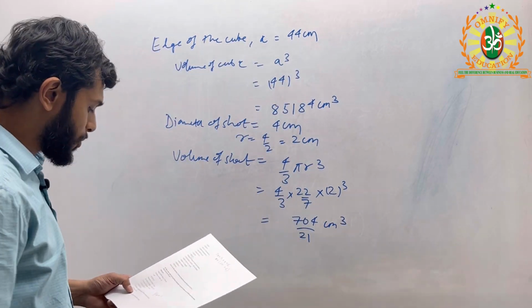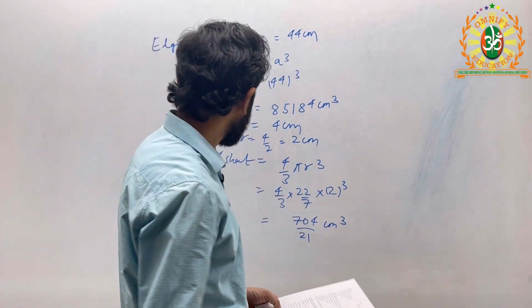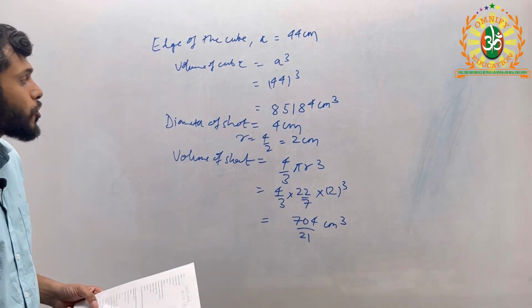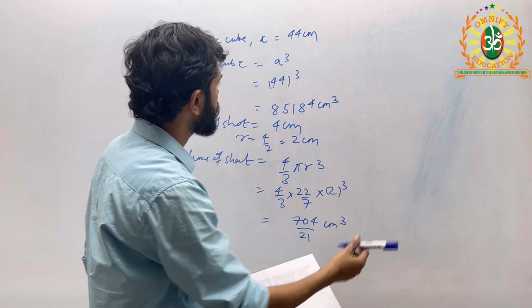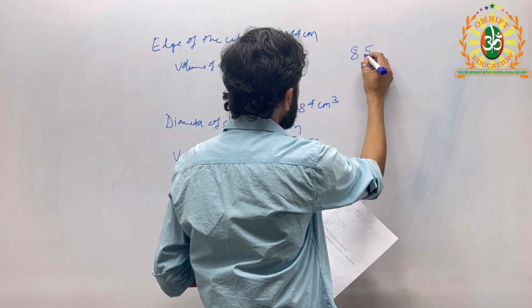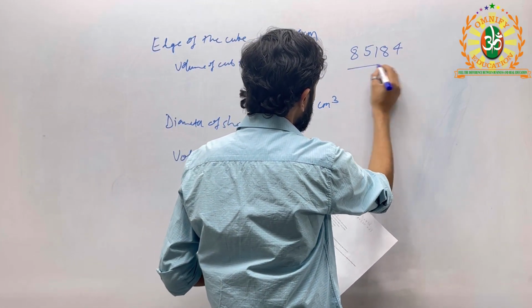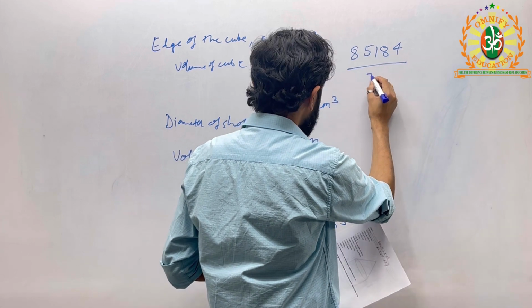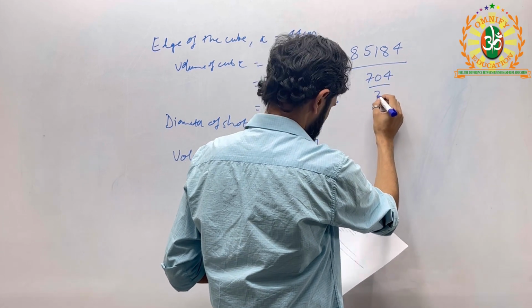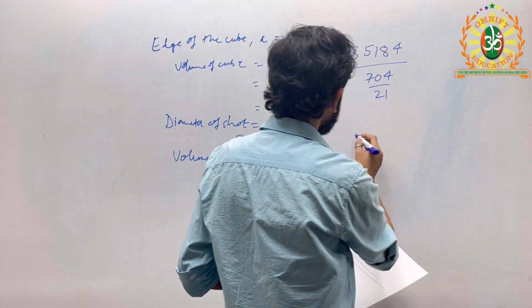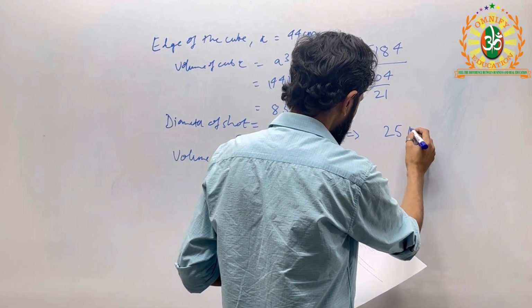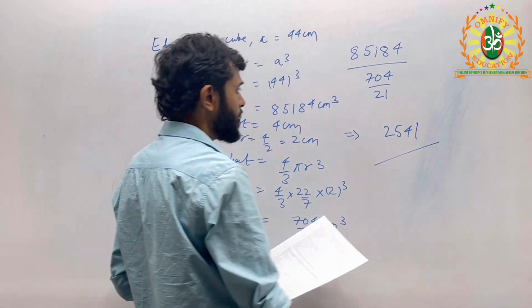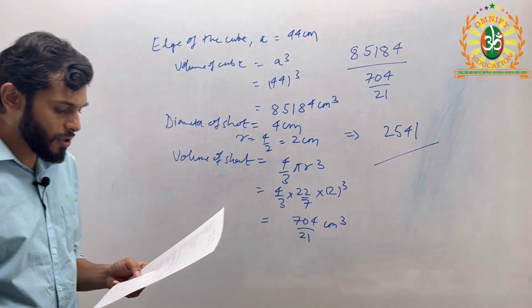Now we have to calculate the number of lead shots made from the cube. So we will divide the volume of the cube by the volume of the shot. So 85184 divided by 704/21. Upon solving this, we will get our answer as 2541, which is the required number of shots made from the cube.